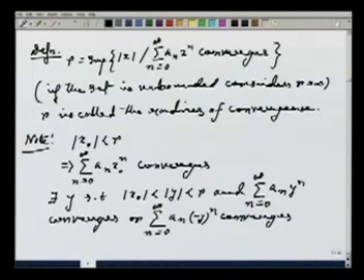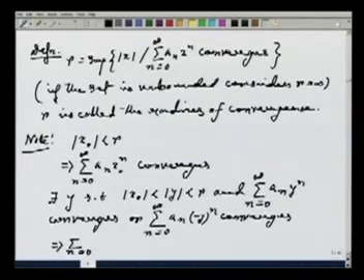Whoever converges, I will consider it as y, and modulus of x naught is less than modulus of y. So summation a_n x naught^n also converges by one of the previous theorems. So this implies summation n from 0 to infinity a_n x naught^n converges.